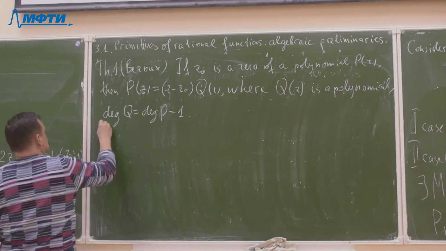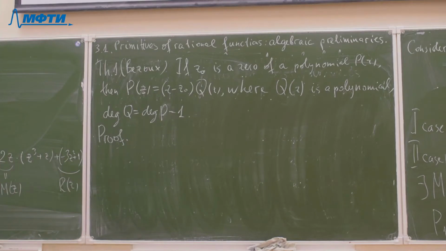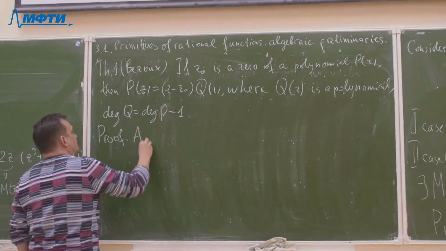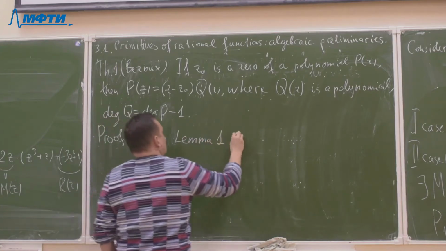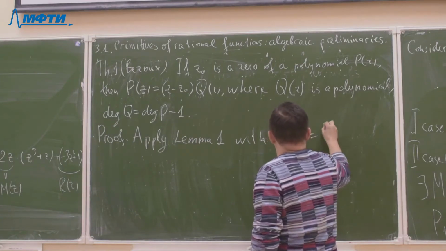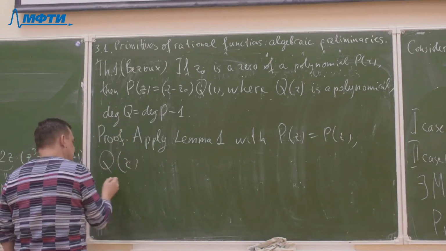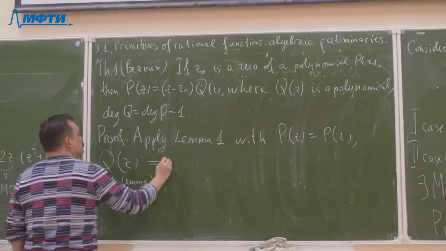Proof. We apply lemma 1 with P of Z equals P of Z and Q of Z in the lemma equals Z minus Z0.